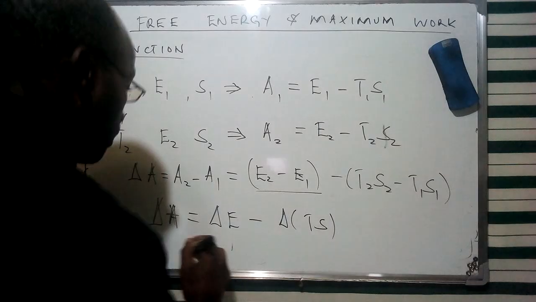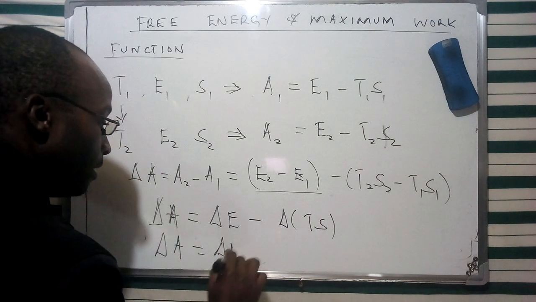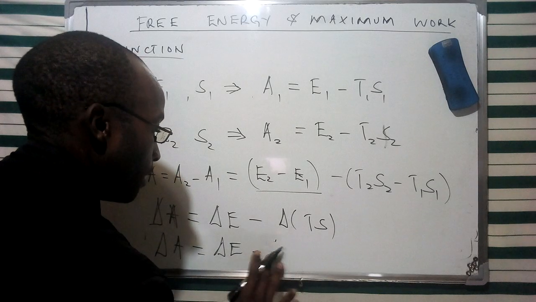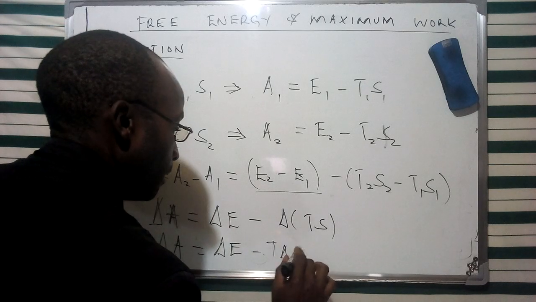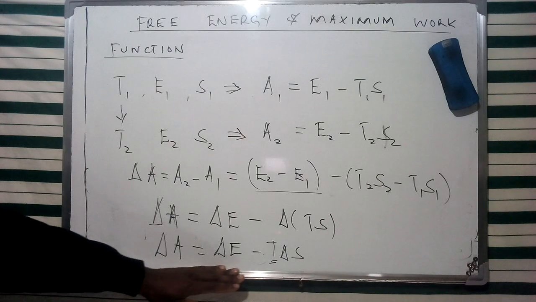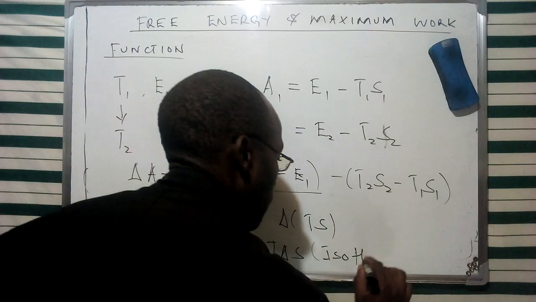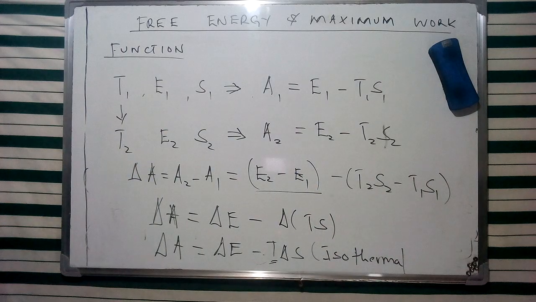Therefore we can have a general representation for the change in Helmholtz free energy given as delta A equals delta E minus T delta S, whereby T is constant temperature, and we regard this as an isothermal condition or isothermal change in that specific respect.